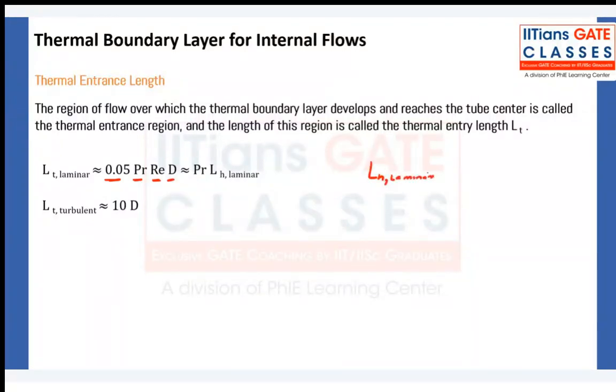What was it? 0.05 Reynolds number into D. Yes, Re into D. So this is equal to Prandtl number into L_H laminar. Maybe they will give you this, and sometimes you need to calculate this to solve further. And for turbulent flow it remains the same, 10D.